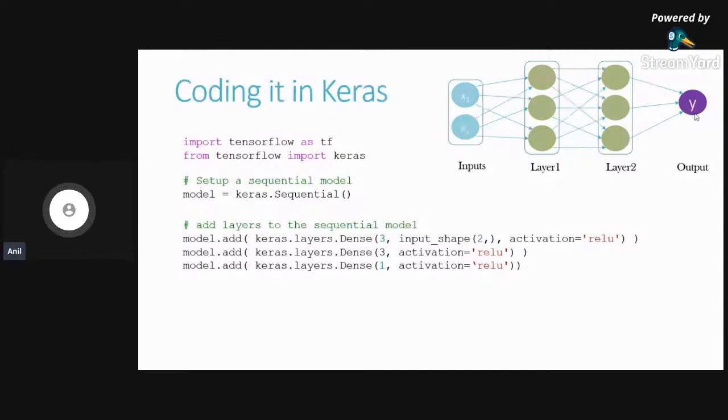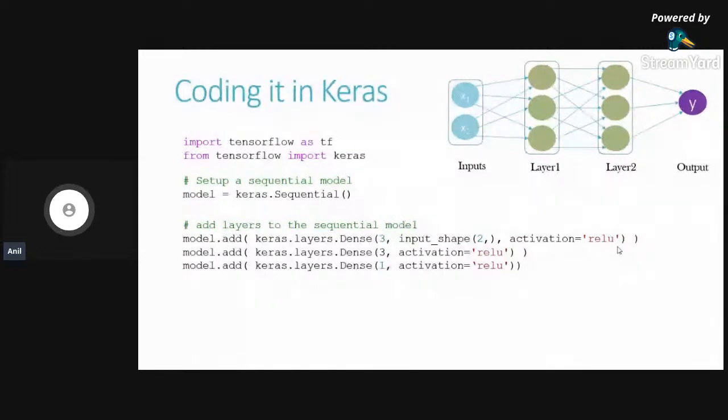So basically what we have done is, we have shown that there is an input of size 2, and then we have created a layer with three perceptrons, and the activation that we have used is ReLU.